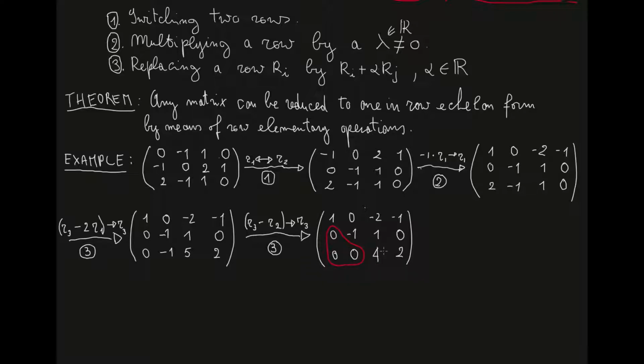All the rows are non-zero, so this is maximum rank. So this is in row echelon form, and by the remark, the lemma that we wrote at the beginning of the lecture, we see that this has rank 3. Rank equals 3.